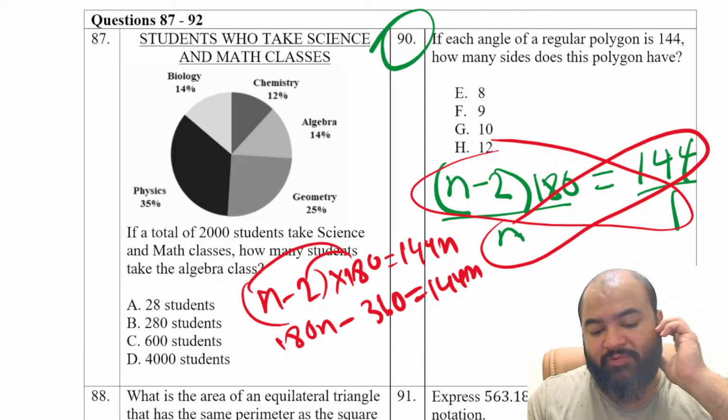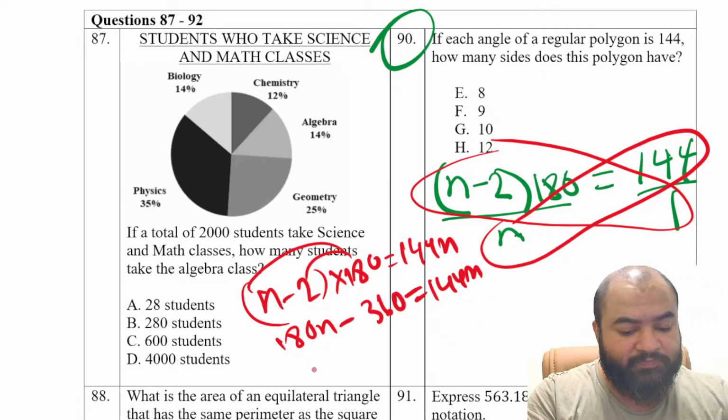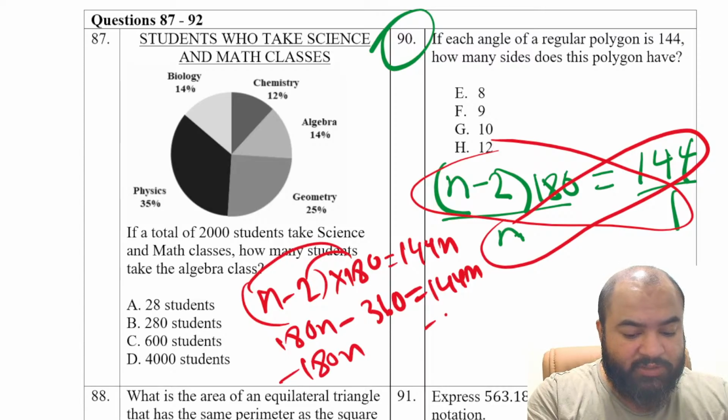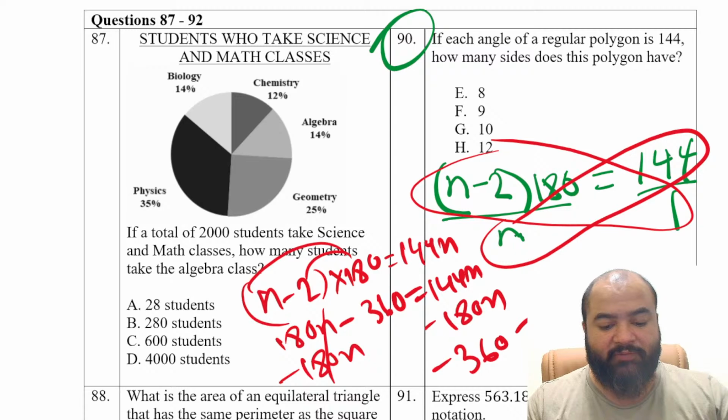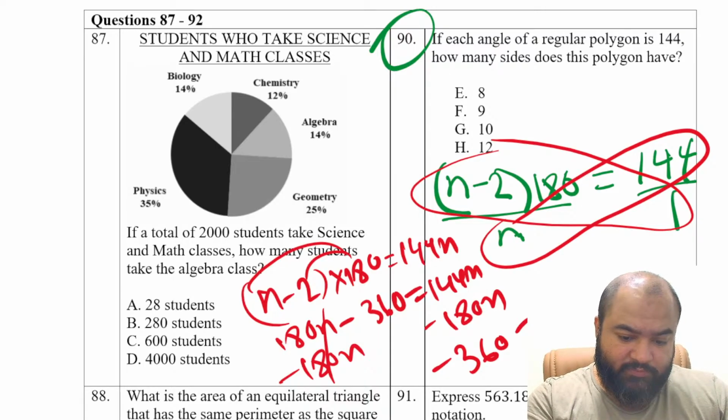And then you solve the equation the similar way. Actually, I'll do minus 180n both sides. So negative 360 equal to, what is 144 minus 180? Negative 36n. Divide both sides by negative 36. Like 10 sides, 10 angles.